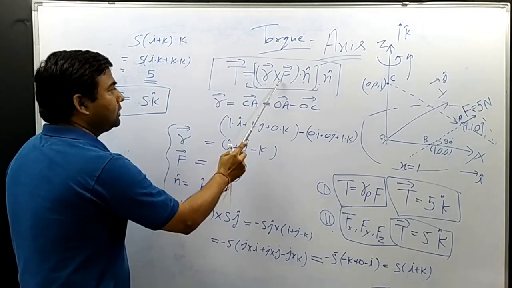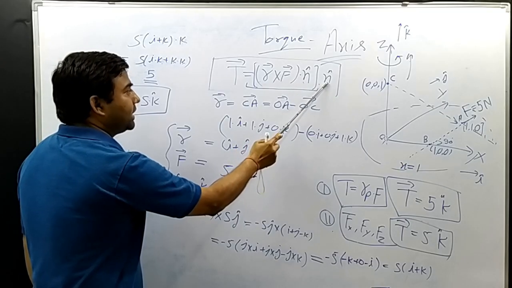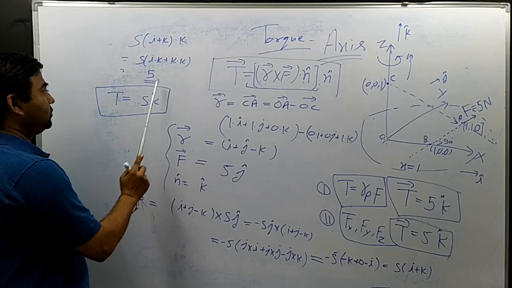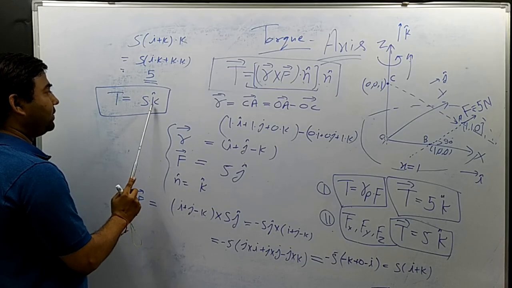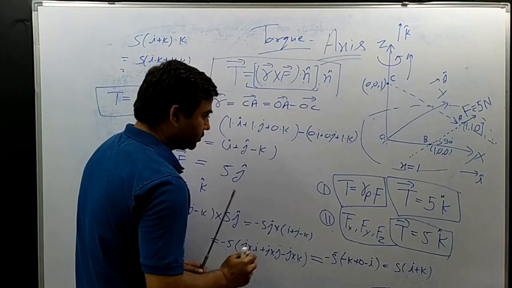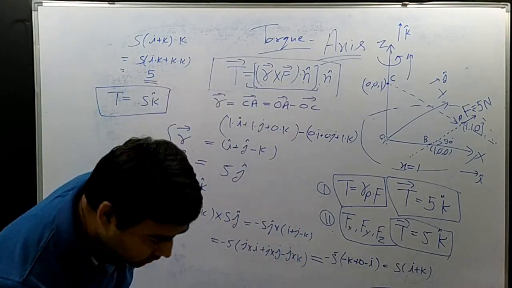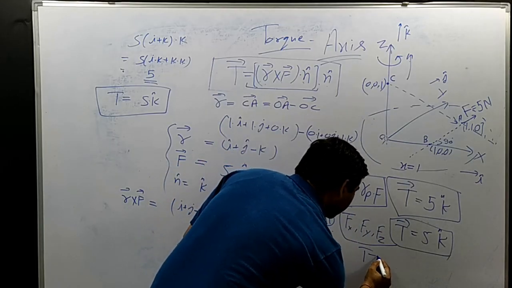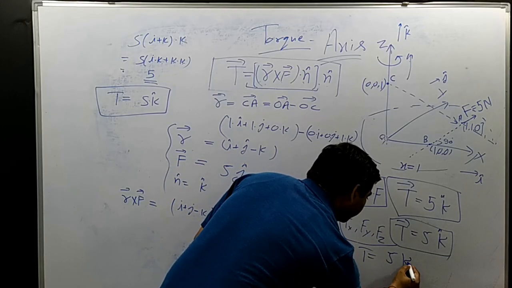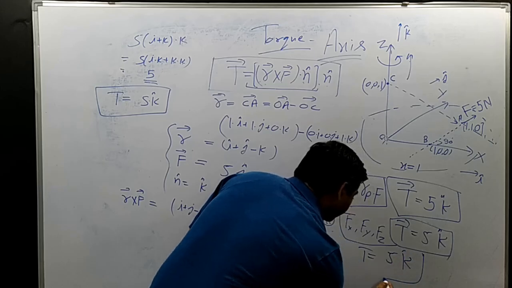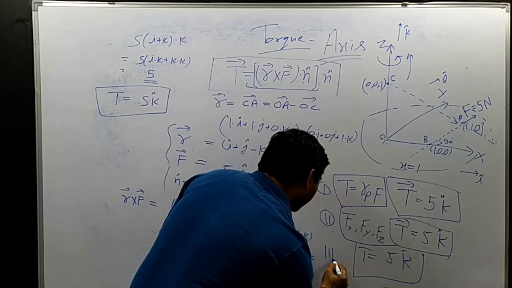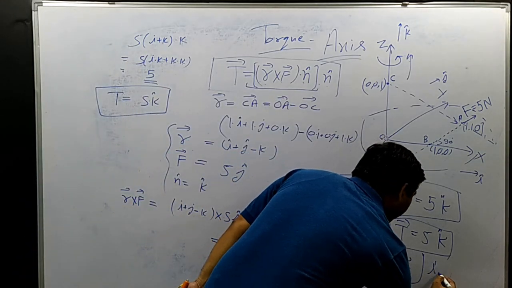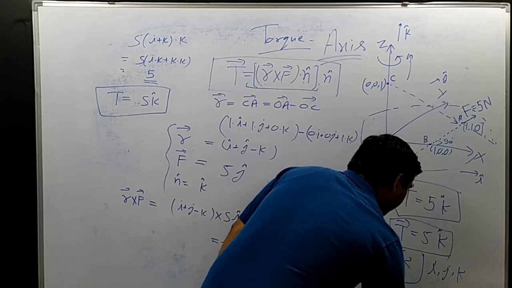So the torque is (r cross F dot n) into vector n. n is k and r cross F dot n is 5, so we will get 5k. So here also you can write torque is equal to 5k. So this is the third method, and this is by i, j, k.